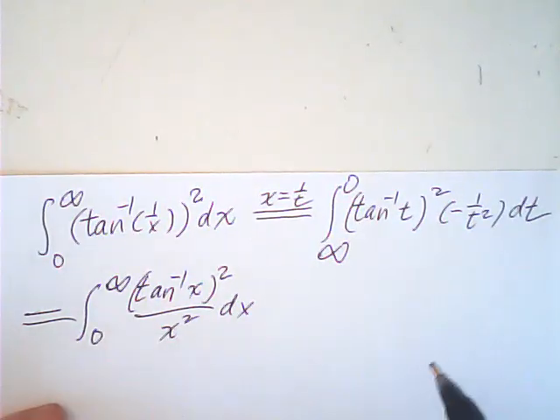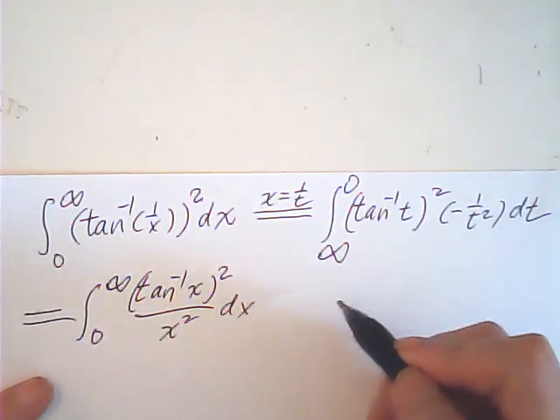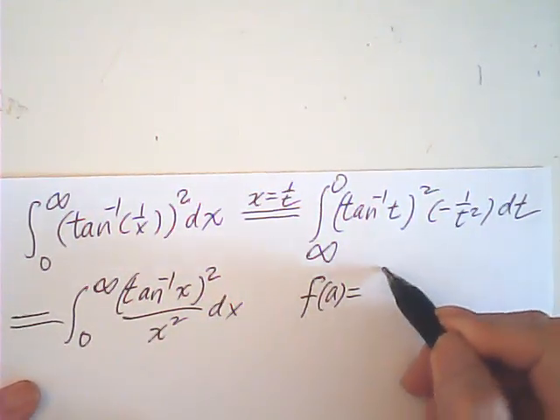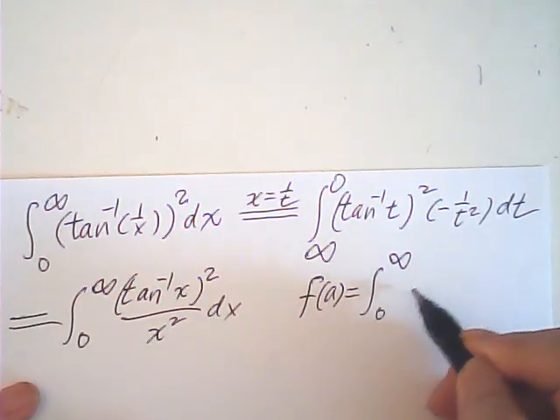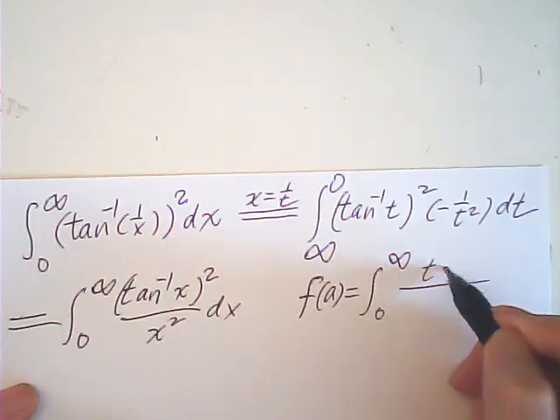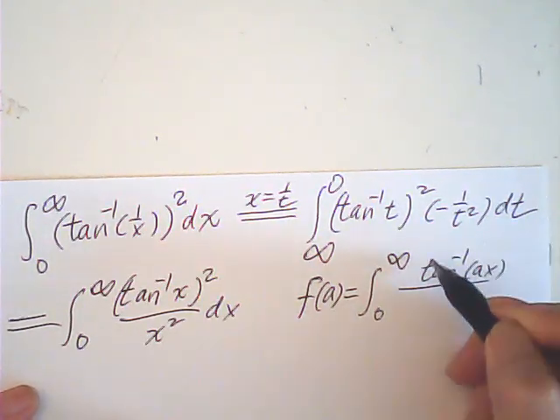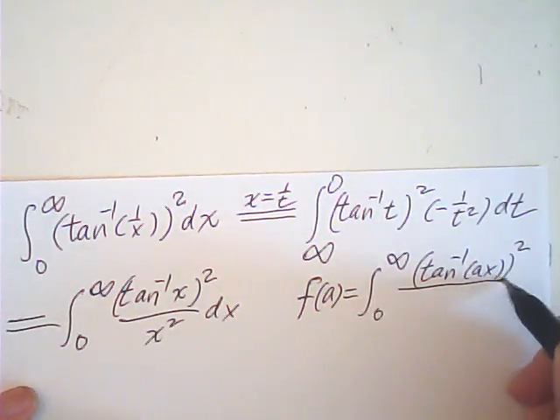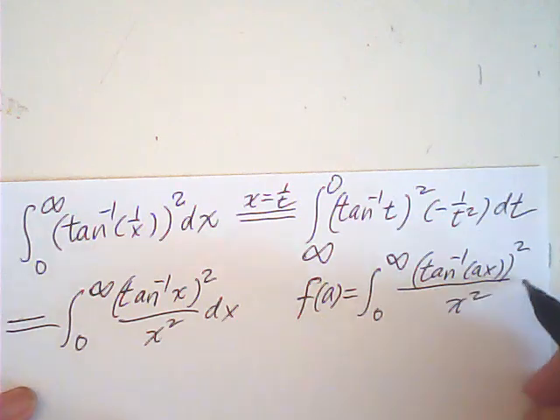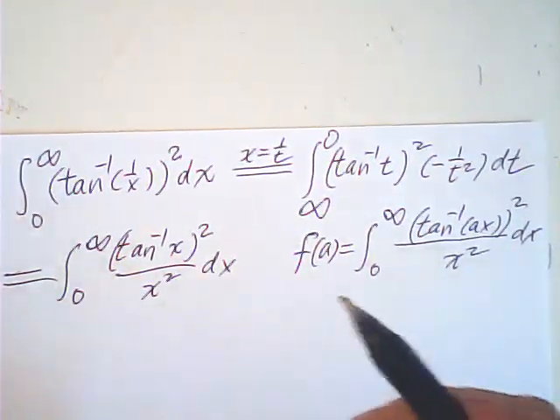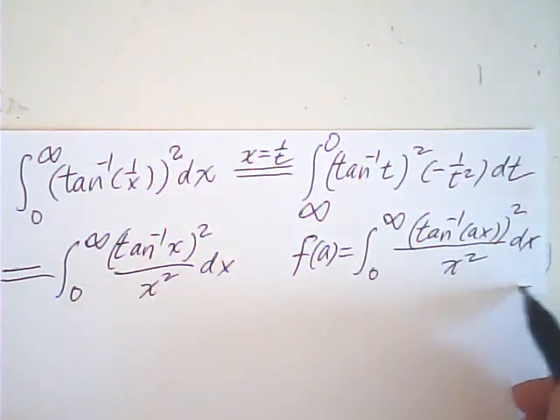Now from here I can use Feynman's technique. So I create a function f of a equal to the integral of arctangent ax squared over x squared dx.